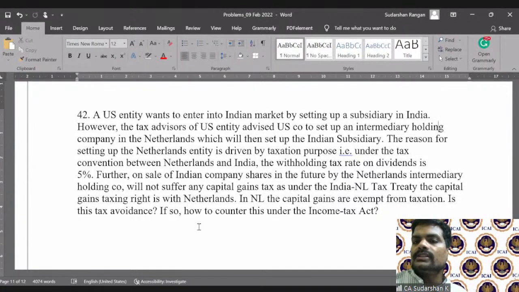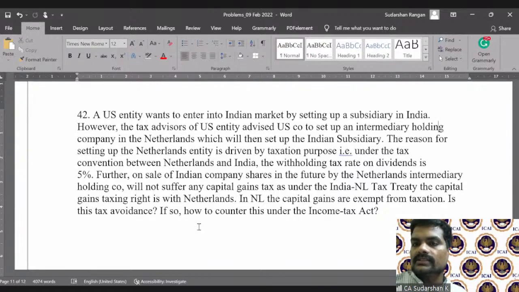Further, on sale of Indian company shares in the future by the Netherlands intermediate holding company, if they want to exit the India business, they will not suffer any capital gains tax, as under the India-Netherlands tax treaty, the right to tax capital gains is with Netherlands. And in Netherlands, the capital gains are exempt from taxation.